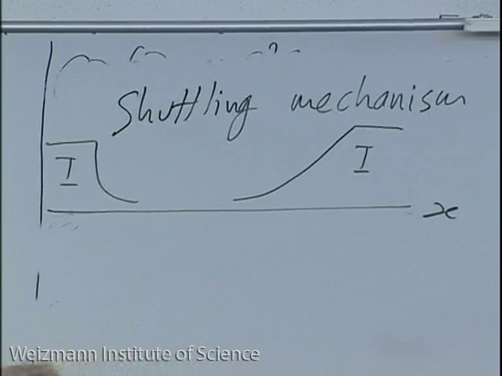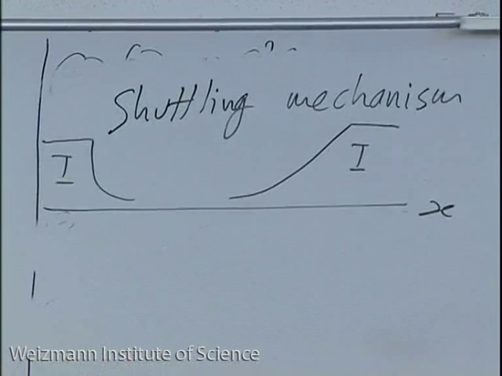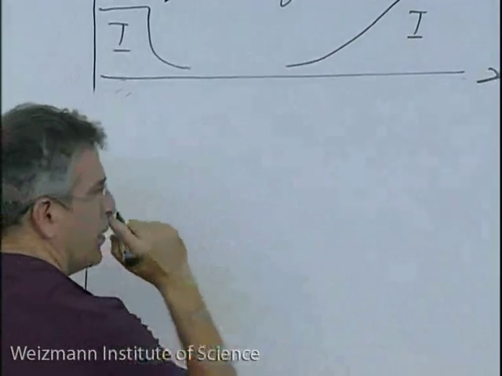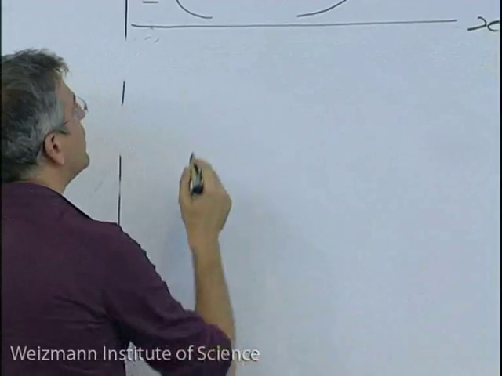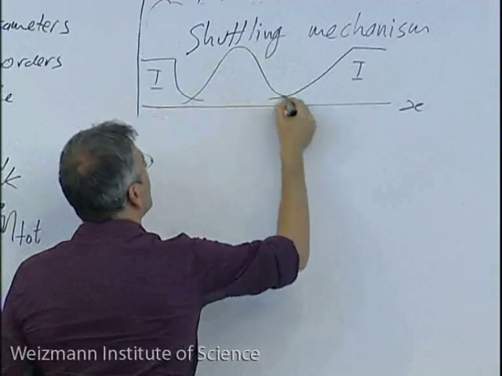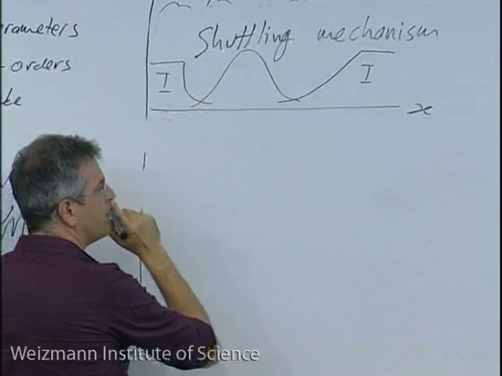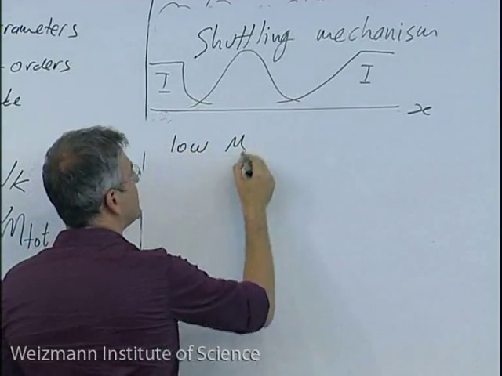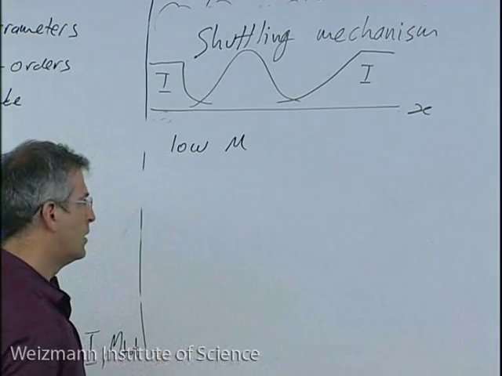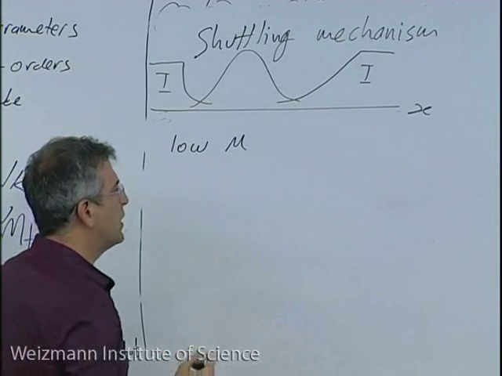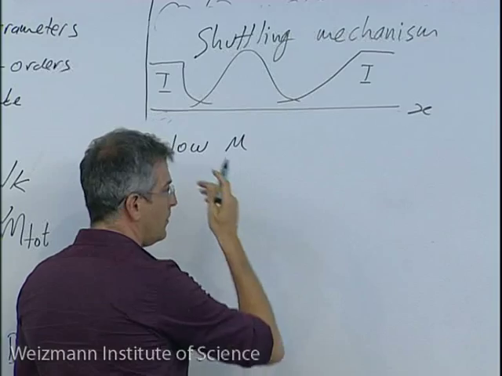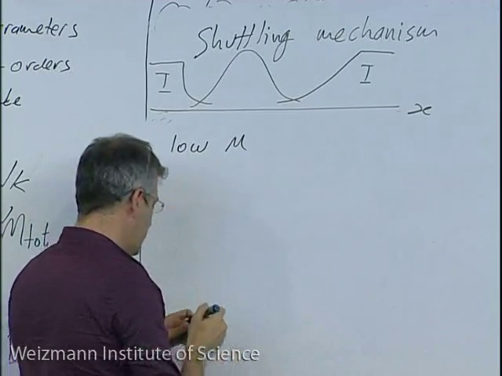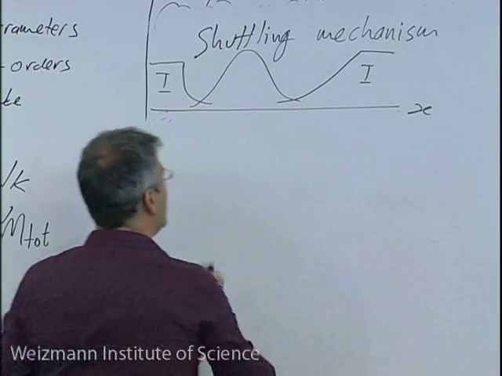So what's happening here? In regions where there's low morphogen, the way this works is like this.